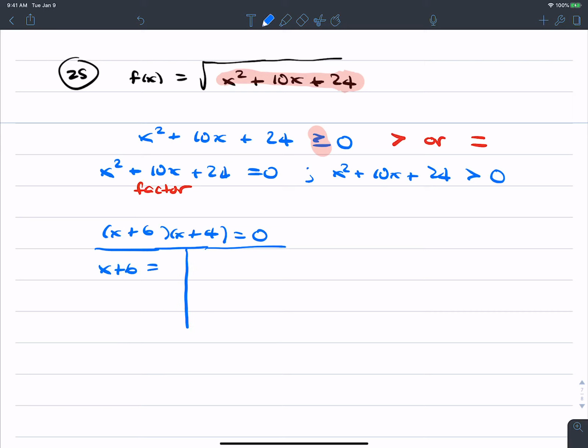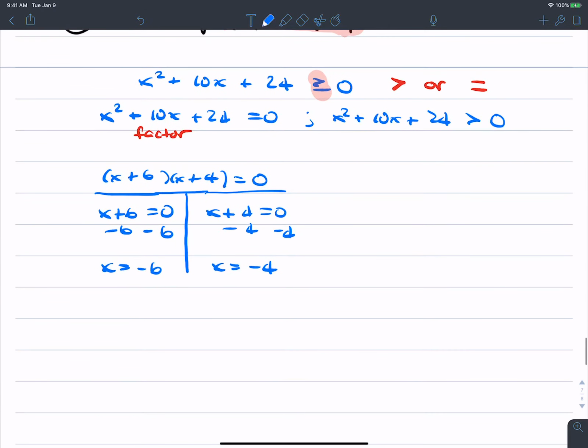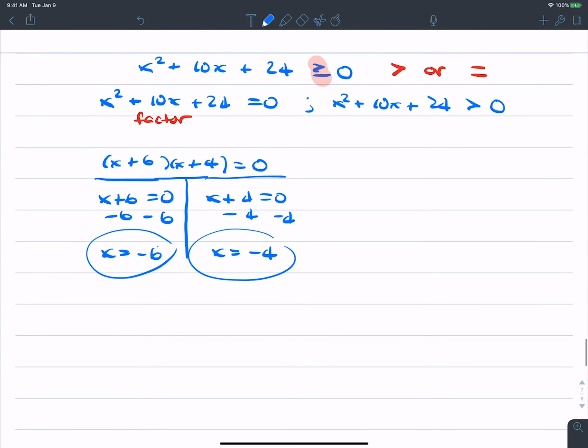x plus 6 equals 0. Subtract your 6. We'll get x is negative 6. x plus 4 equals 0. Subtract your 4, and we'll get x is negative 4. These are the equalities. This is where my quadratic equals 0. So we're going to go up here again and now find where this is going to be positive.